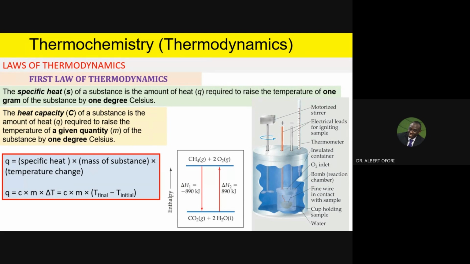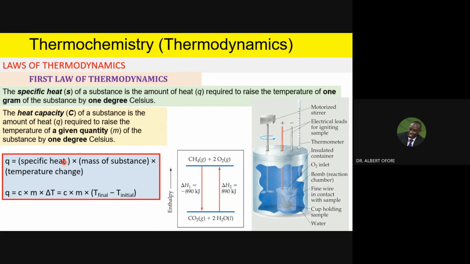Okay. So if you put all together, let me put my cursor here. I hope you can see that. If you put all together, then we'll say that heat basically is just trying to know the specific heat capacity. When we say specific, then we are just trying to be specific to our object.